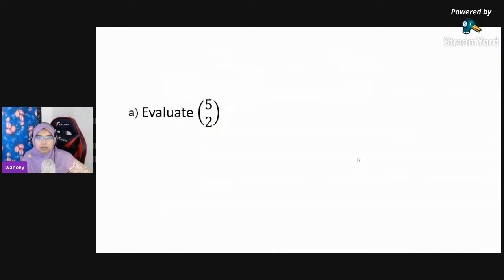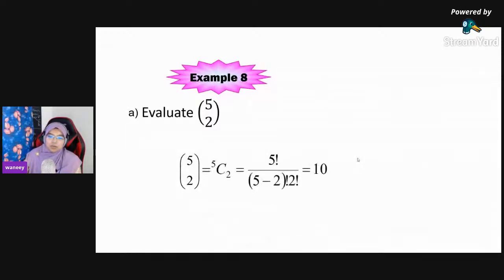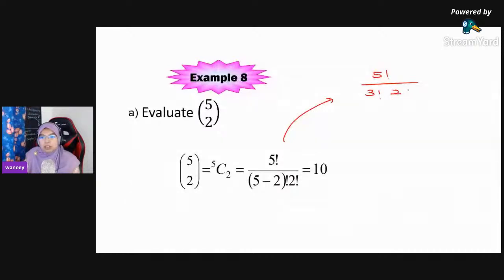So now, example 8, evaluate 5C2. We are going to use the formula for this. 5C2 is 5 factorial over 5 minus 2 factorial times 2 factorial, which is 5 factorial over 3 factorial times 2 factorial.